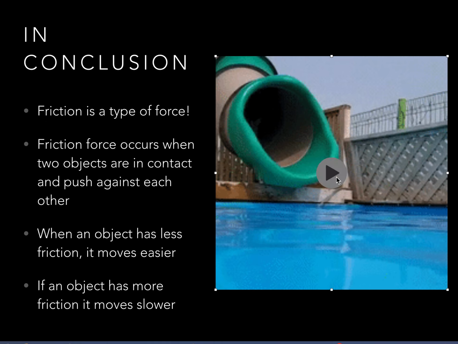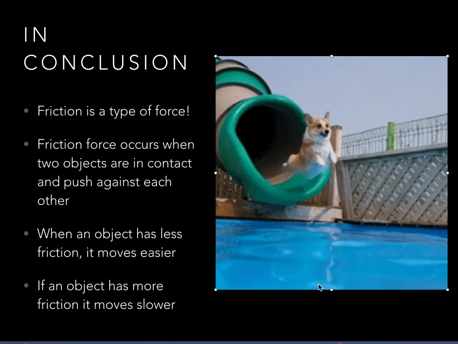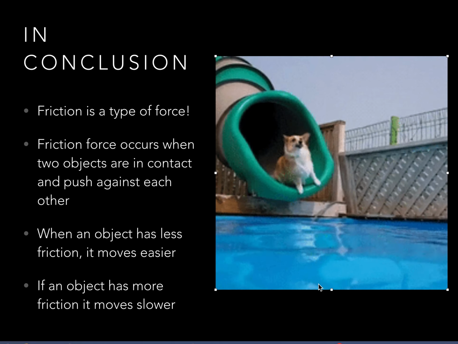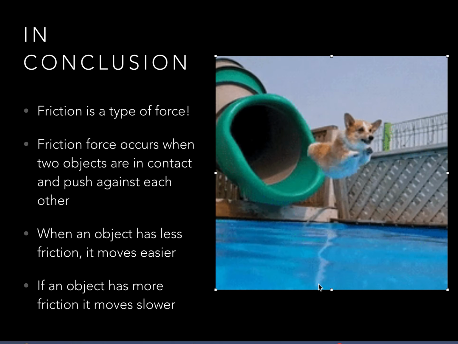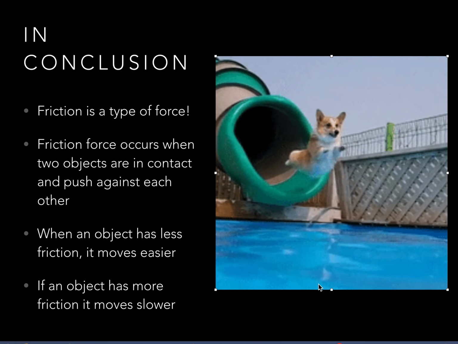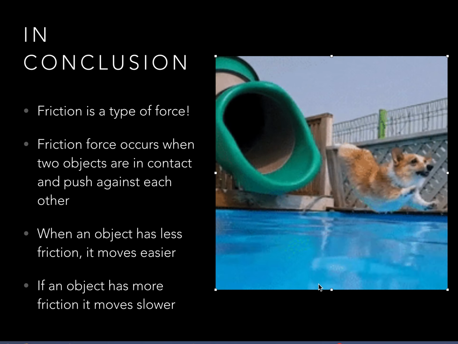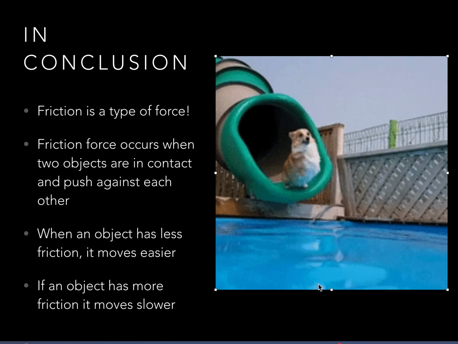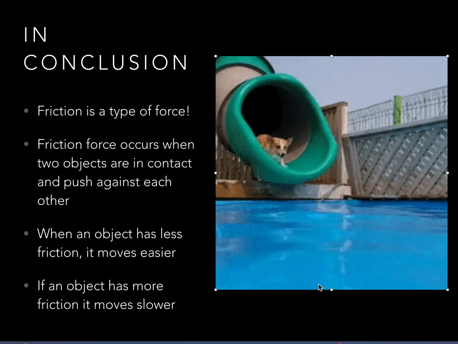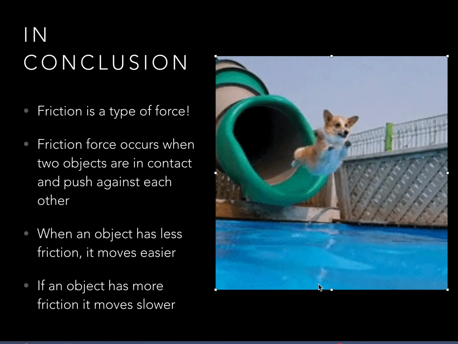So in conclusion, friction is a type of force. And this friction force occurs when two objects are in contact and push against each other. So in this GIF, the dog's fur is pushing against the slide. When an object has less friction, it moves easier.